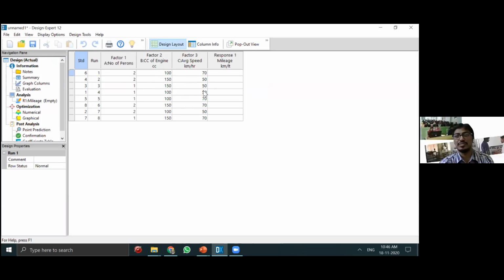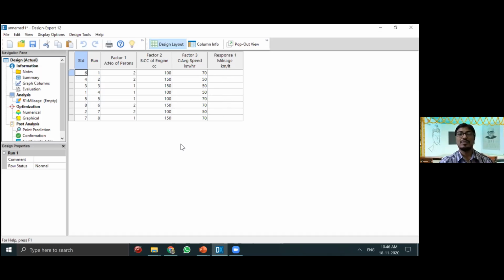It will be very difficult for us to conduct the experimentation or get the design. But when you give all the input data, the numericals and all these things, it will be much easier for us to identify. Now, if you see two persons with 100 cc vehicle and 70 as the average speed, kilometers per hour, I can do the experimentation very easily.